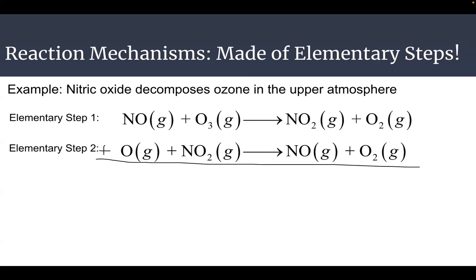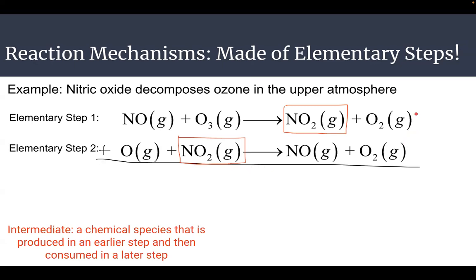The first thing I notice is that NO is produced, it's a product at first, and then it's a reactant later on. This species in particular is called an intermediate. So NO2 in this reaction is an intermediate because it's a chemical species that is produced in an early step.